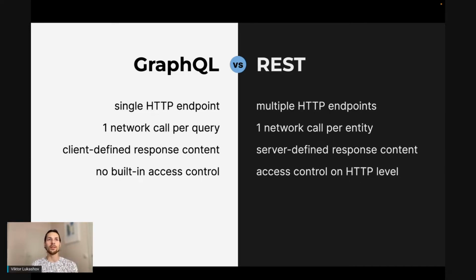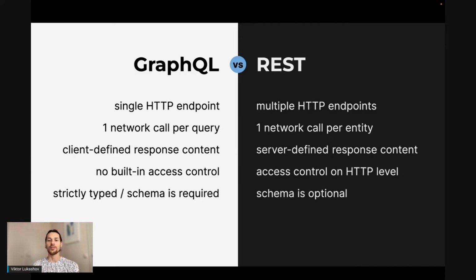With GraphQL, there is no standard way of doing that, and so every implementation would come up with its own ways to define access controls. And typically, it's not on that single HTTP endpoint. It is more fine-grained. It is typically on different types or different subgraphs of the data graph.